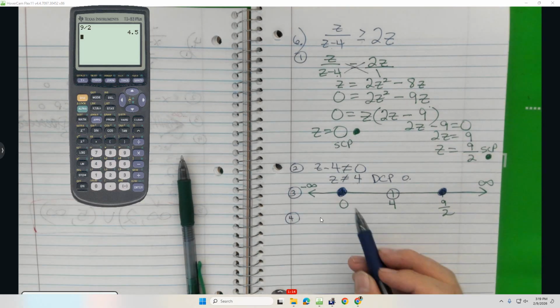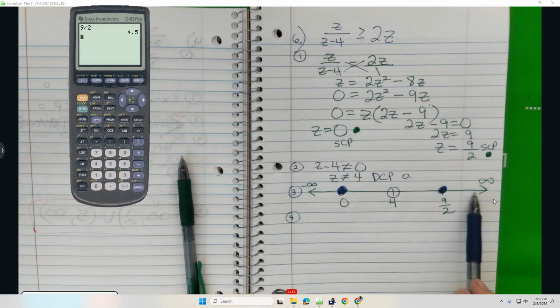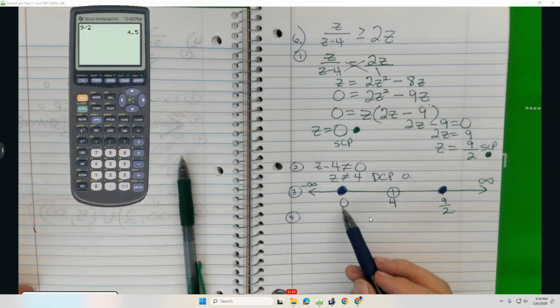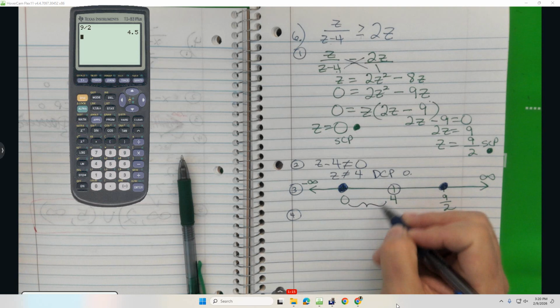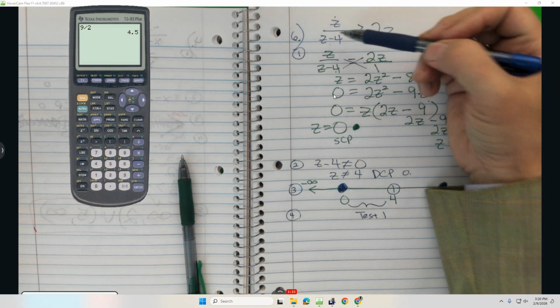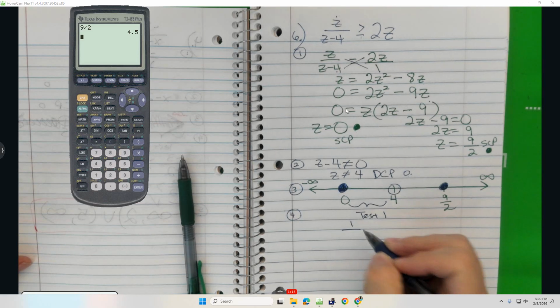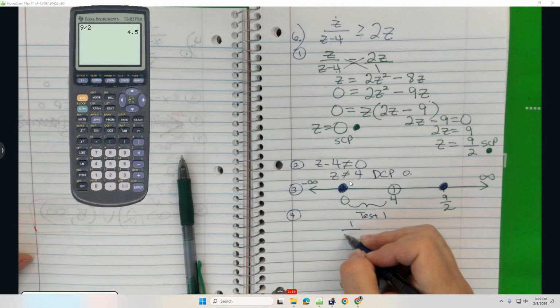I can't test 0, so what's a number close to 0? That's 1. Which interval contains the number 1? Interval 1, 2, 3, or 4? 2. 1 is between 0 and 4. So I'm going to test 1. We're going to get 1 over 1 minus 4, which is negative 3.